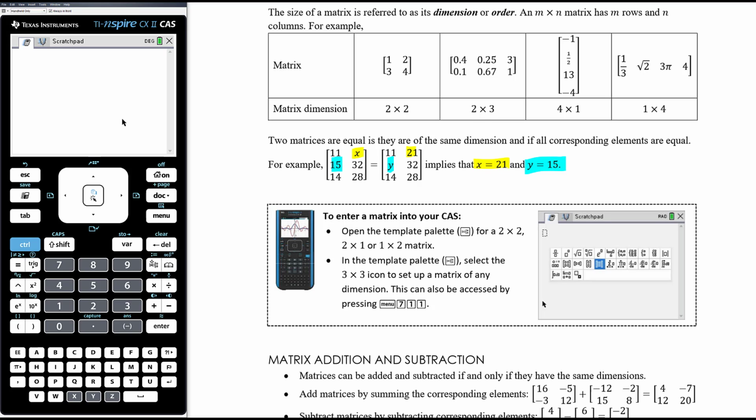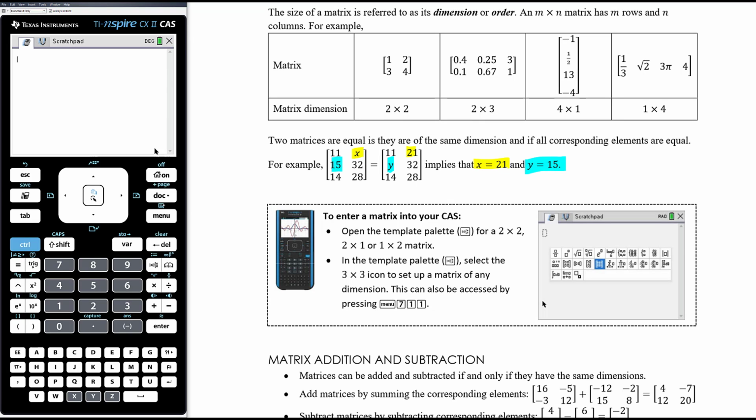The quicker way to access matrices is via the template palette, which is this button next to the number 9. If we click on that, there are 4 different boxes here, which are all to do with matrices. These first 3 bring up a 2 by 2 matrix template, a 1 by 2 matrix template, and a 2 by 1 matrix template, and then if you choose the 3 by 3 looking matrix template, that will be where you can define a matrix of a different size.